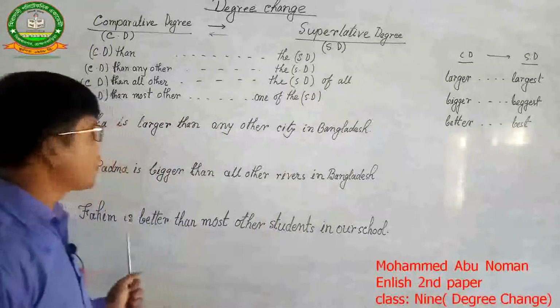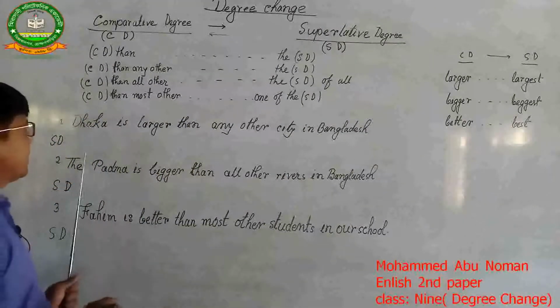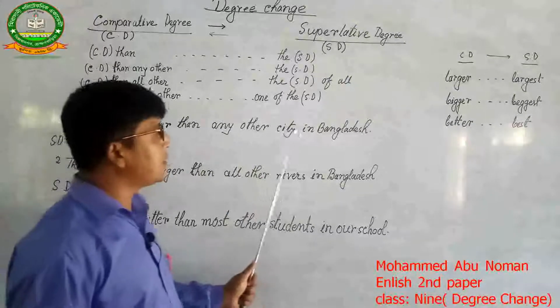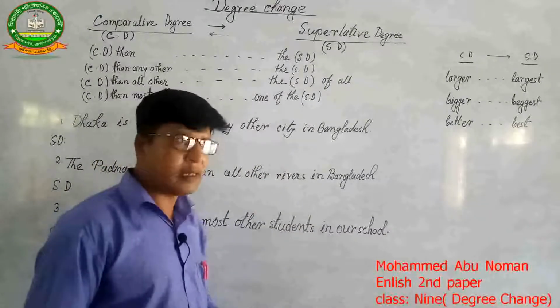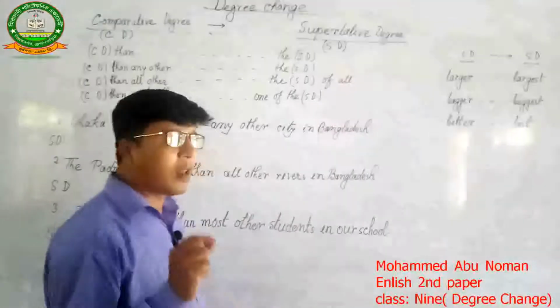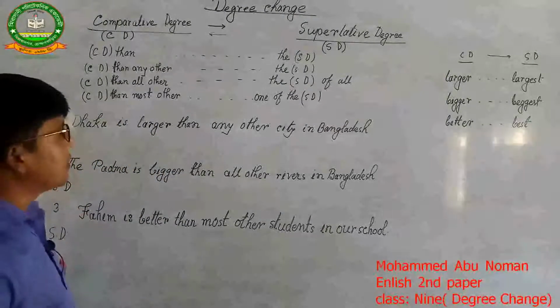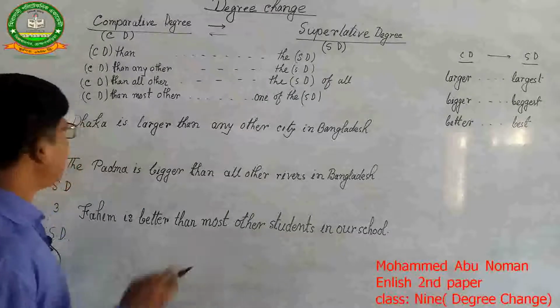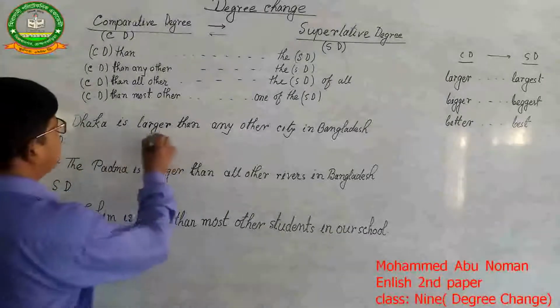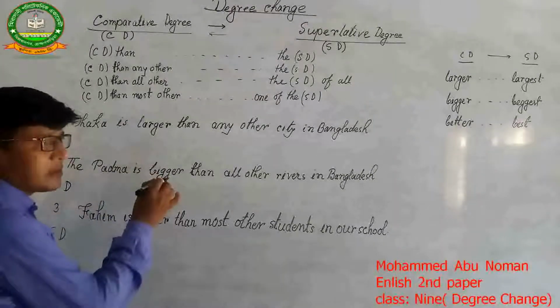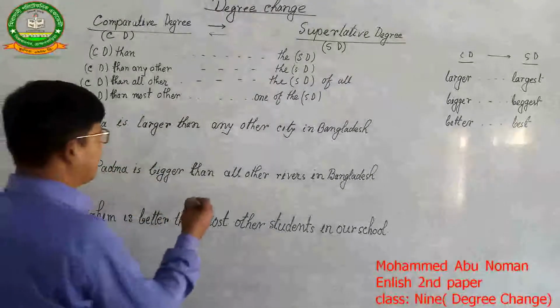Here, look at the first sentence. I have written: Dhaka is larger than any other city in Bangladesh. Here we will turn the comparative degree to the superlative.